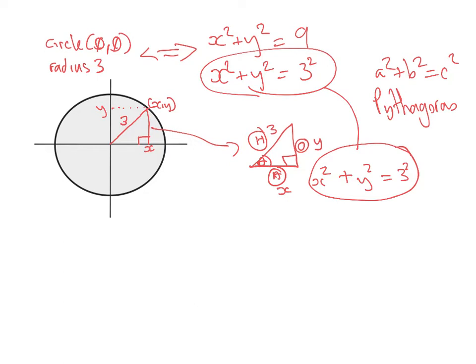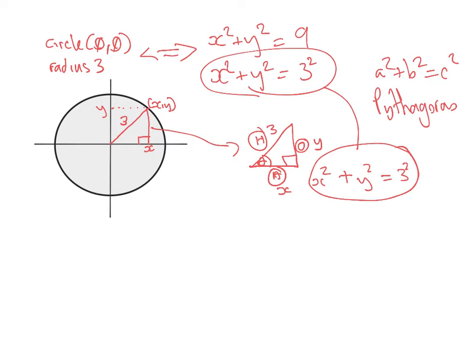Now, if you think about it, it makes a lot of sense. Because one other definition of a circle is, imagine the hypotenuse in the triangle, which is the radius in the circle, as a clock hand. If you move that clock hand around anti-clockwise or clockwise, doesn't matter which way, the clock hand, which is the radius or the hypotenuse, is always going to stay the same length, isn't it?